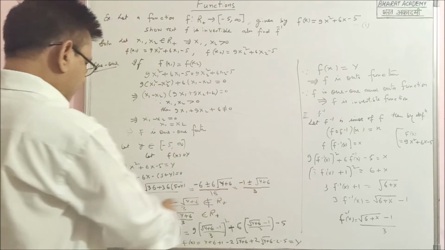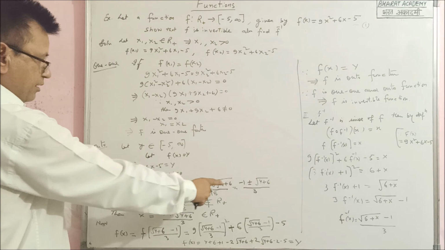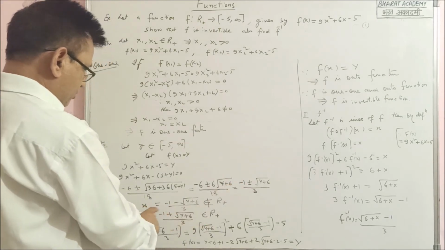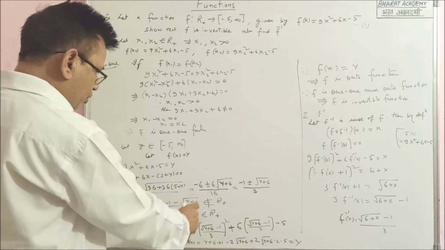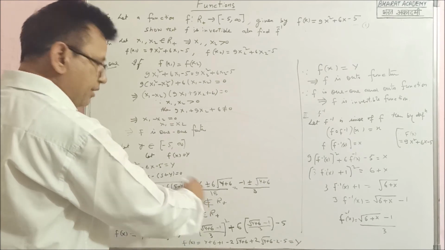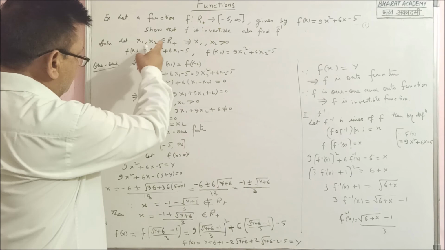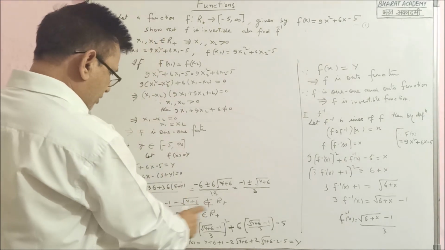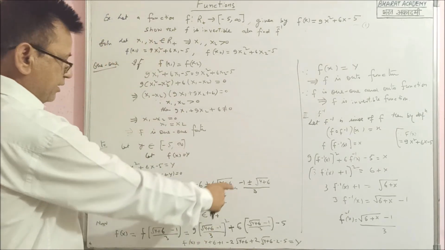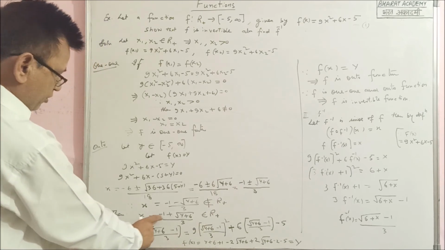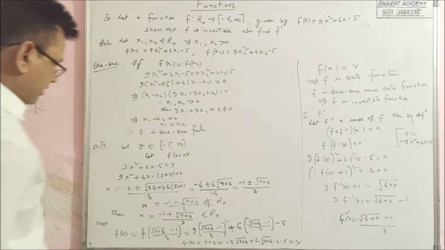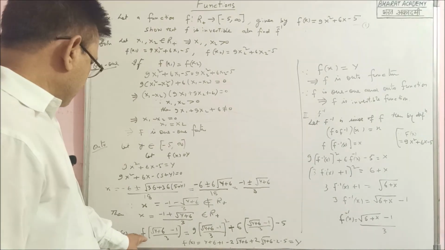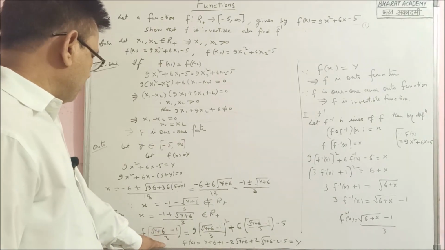If x is taken negative, x equal to minus 1 minus under root y plus 6 upon 3, this whole number is a negative real number, but you have to take a positive real number, which is not a positive real number. So then I take the positive sign. So this x will be minus 1 plus under root y plus 6 upon 3, which is a positive real number.